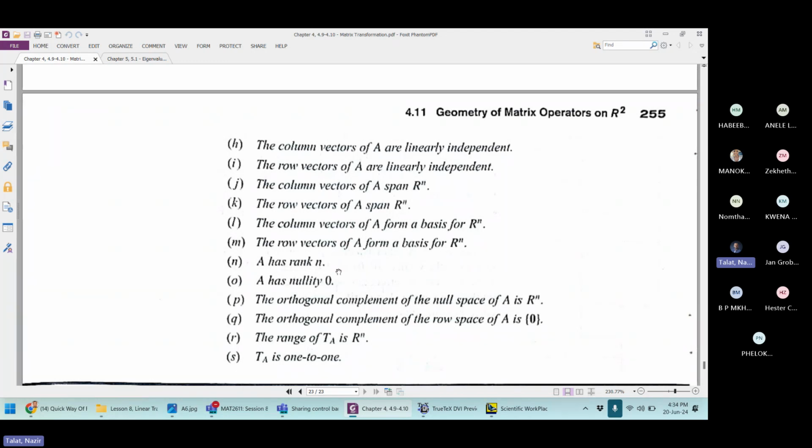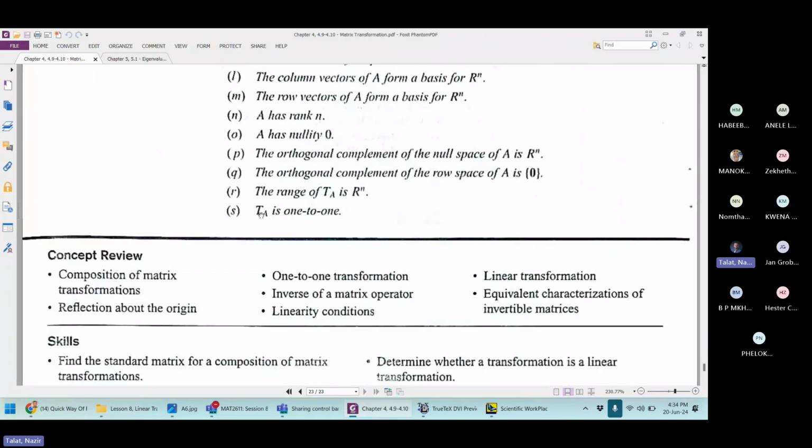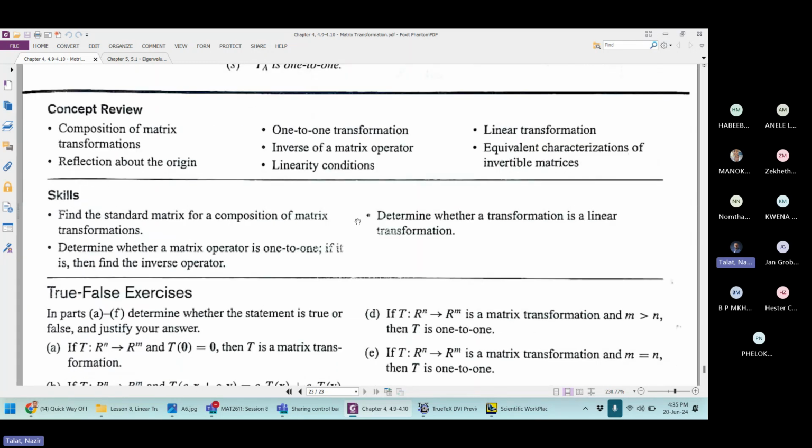Since all rows will be non-zero, because it's the identity matrix form, it means its rank is n. So these are some useful properties. And when you take the operator TA, its range is Rn, and moreover TA is one-to-one. So this operator will always be a one-to-one operator. So these are about that one.